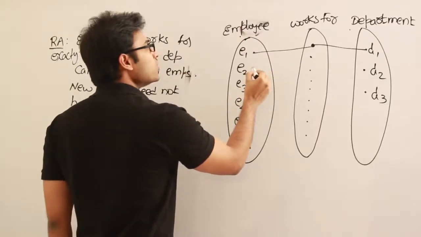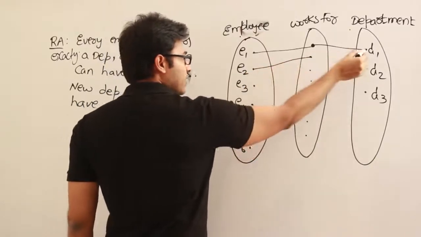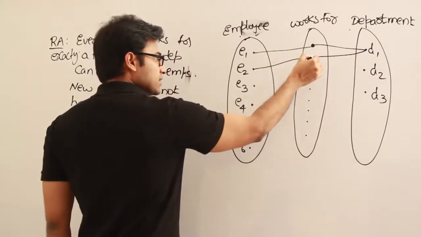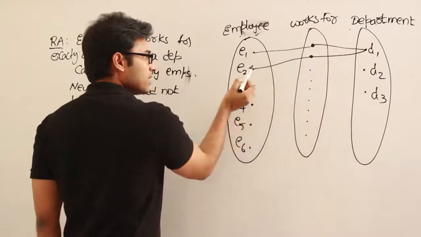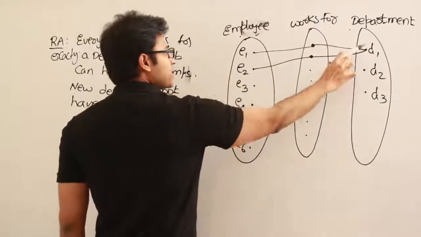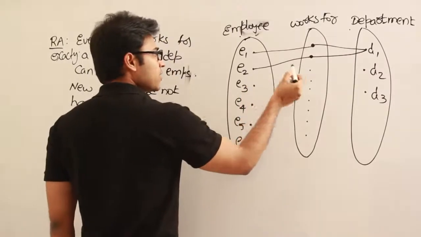Let us say employee E2 also works for department D1, then employee E2 and department D1 will be combined here, right? Which means this relationship is actually a combination or association of one entity from here and one entity from here. Let us assume that E3 is also working for department D1.